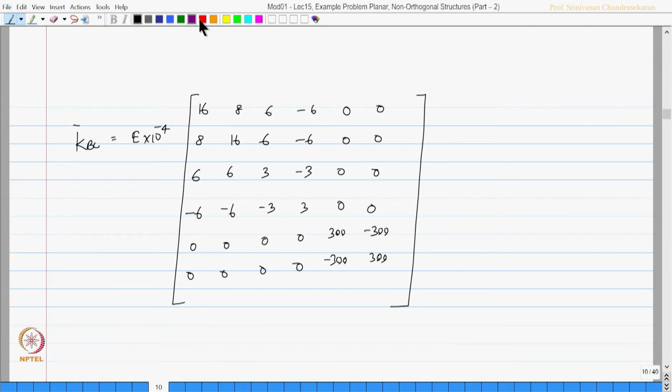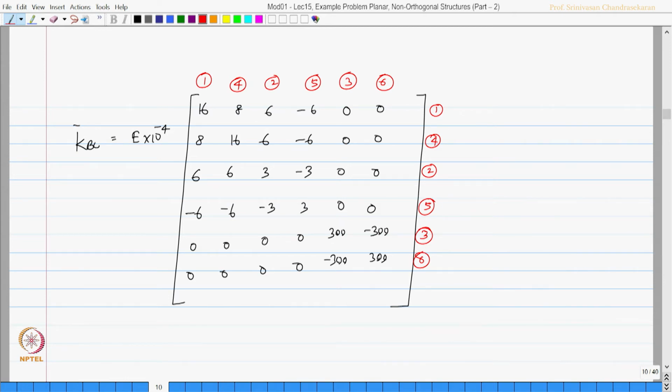The labels will be 1, 4, 2, 5, 3, 6, 1, 4, 2, 5, 3, 6.